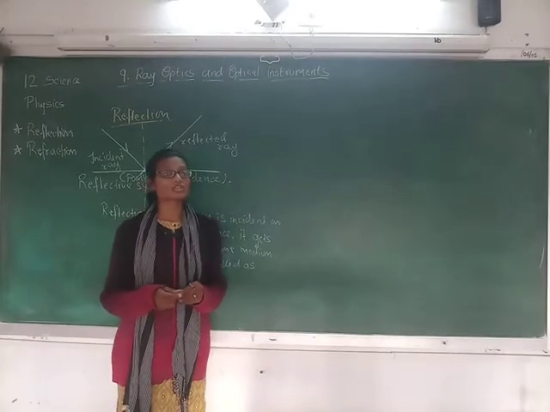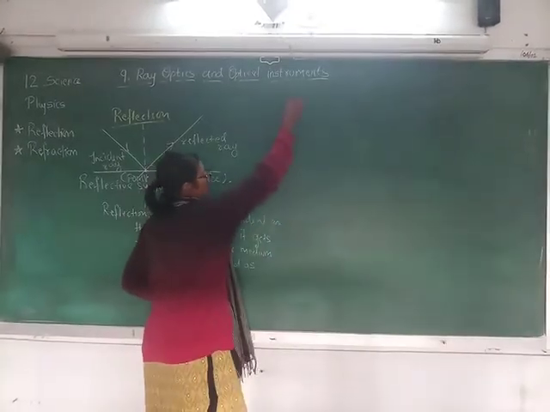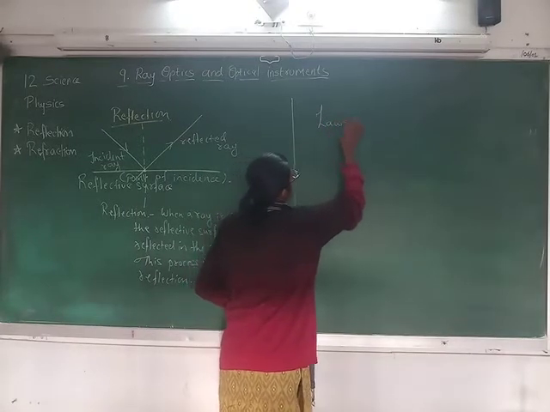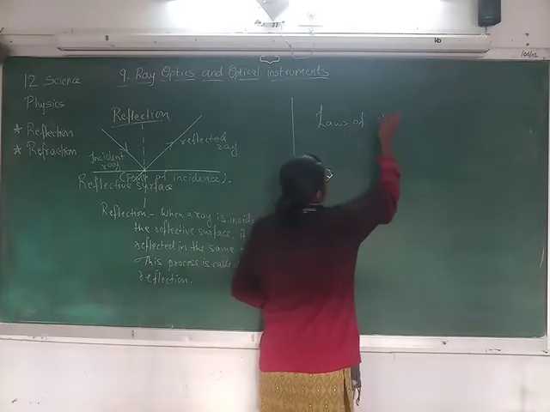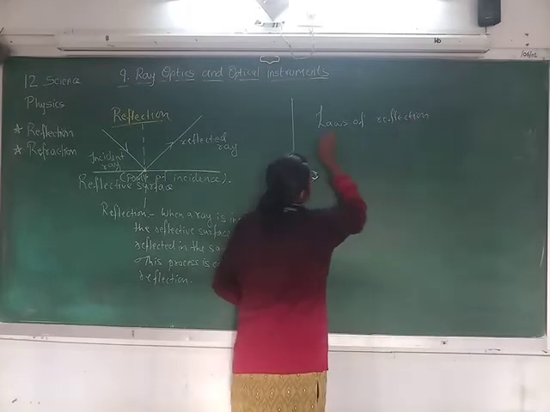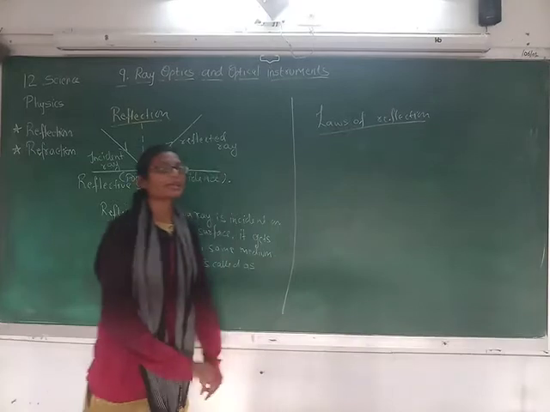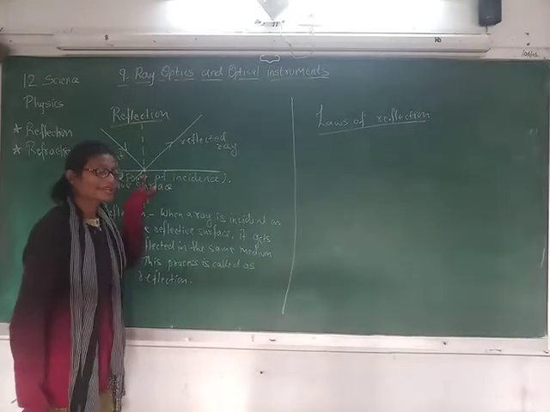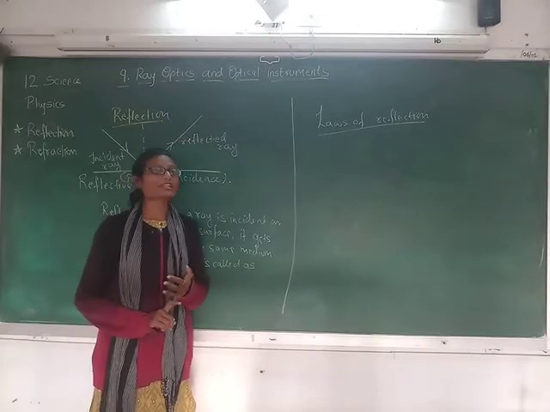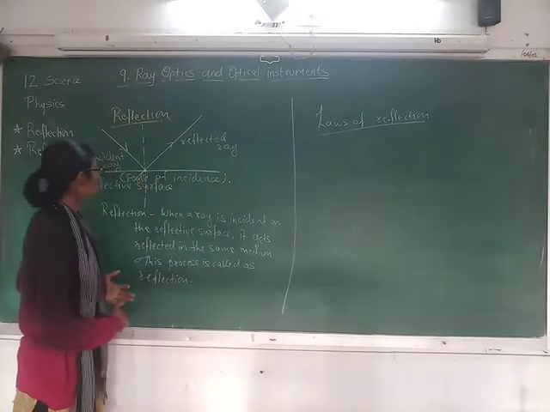Now let us see the laws of reflection. Here we have drawn the normal at the point of incidence to see the angle of incidence as well as the angle of reflection.